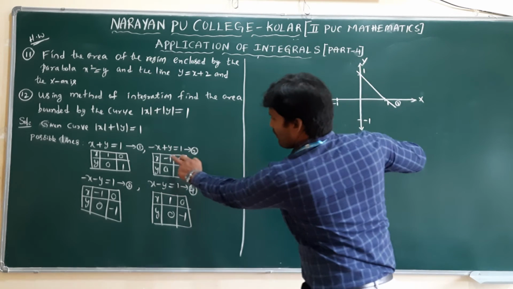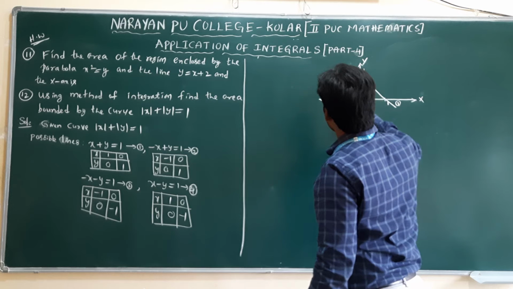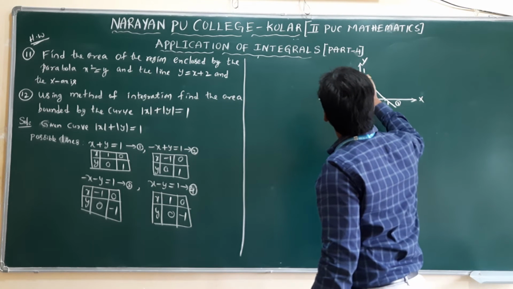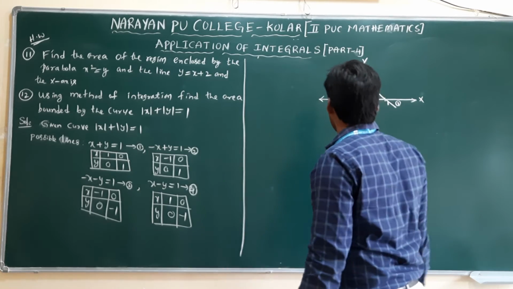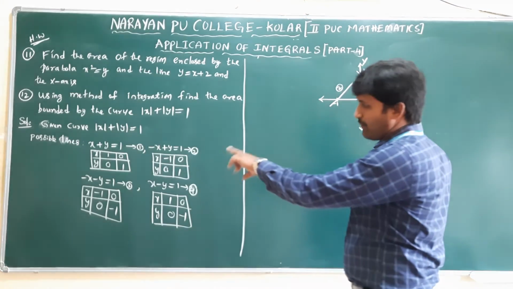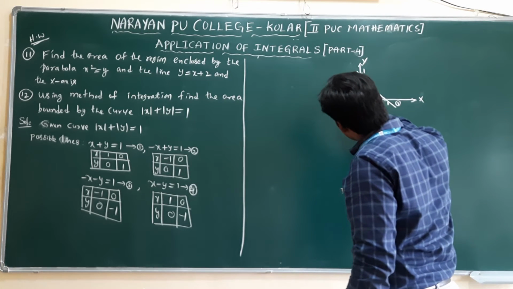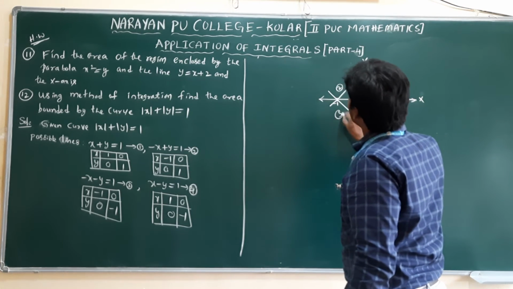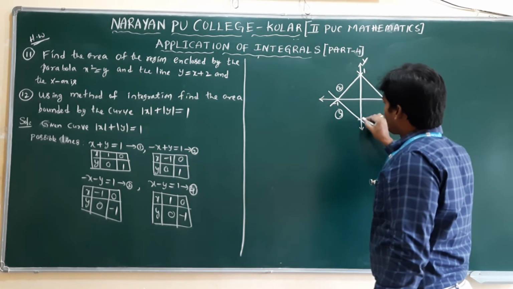The second one passes through minus 1 comma 0 and 0 comma 1. The third one passes through minus 1 comma 0 and 0 comma minus 1. The fourth line passes through 1 comma 0 and 0 comma minus 1.